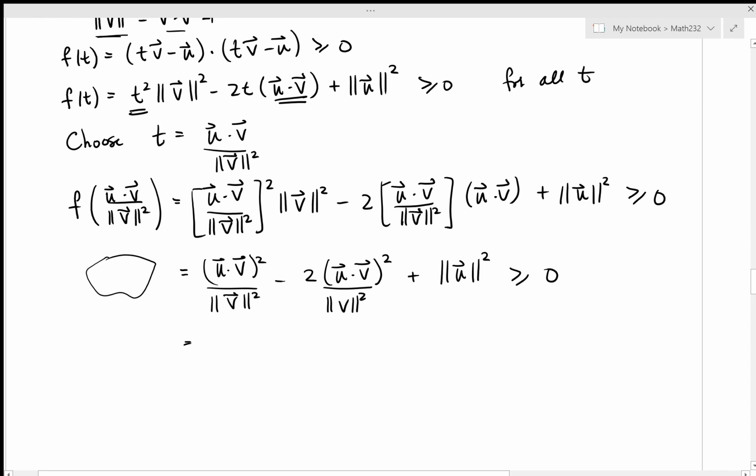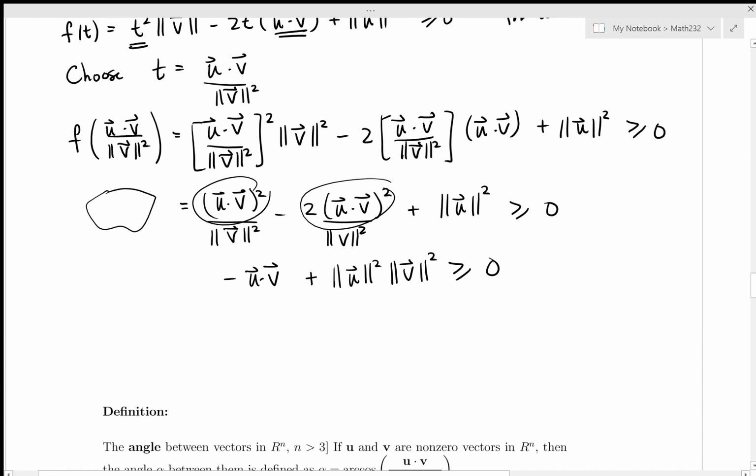That gives me minus u dot v squared, combining these two, plus the norm of u squared times the norm of v squared, which is greater than or equal to 0. I'm going to get rid of this equal sign. I no longer need this. Okay, I'm almost done, aren't I? I'm going to move this term over to this side, which is the same as multiplying through by minus 1.